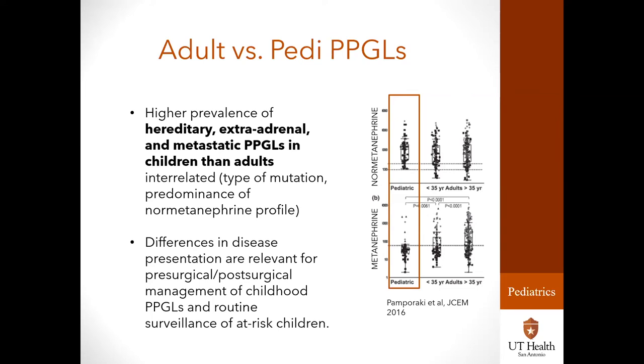So the grouping of pediatric PPGLs is mostly explained by the type of mutation that these patients often have. This is relevant for clinical planning, for pre-surgical and post-surgical management of not just the patient, but also their family members.